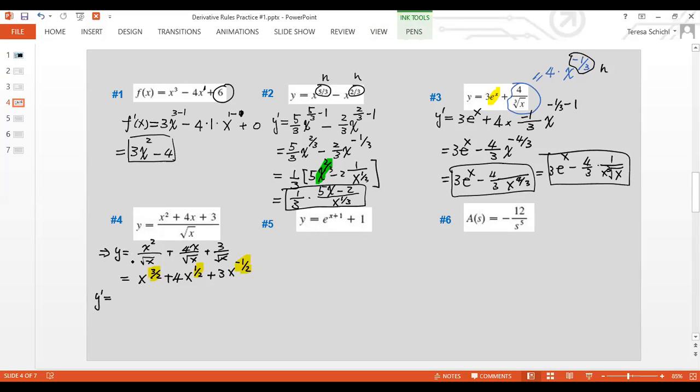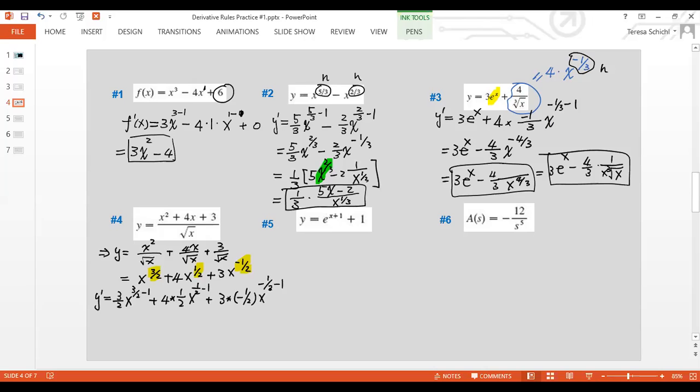So the power rule, so here this is 3/2 x here. So what is 3/2 -1, right? Then plus 4 times 1/2. And what is here? This is 1/2 minus 1. Okay, so plus 3 times negative 1/2. So what is here? Is negative 1/2 minus 1, right?